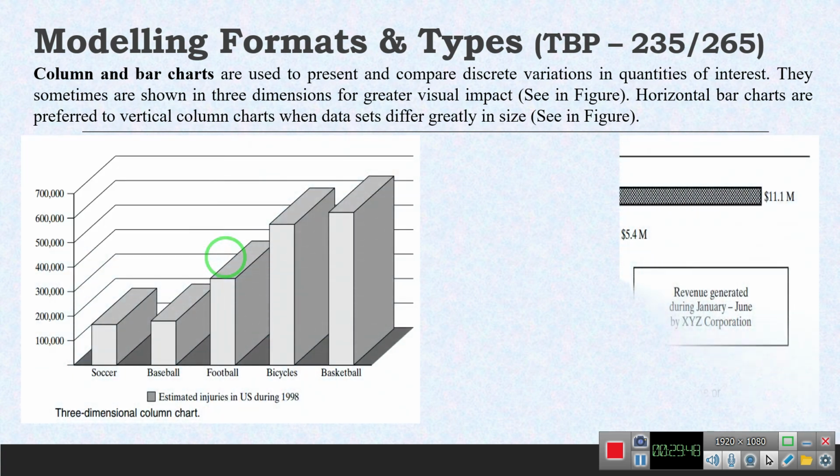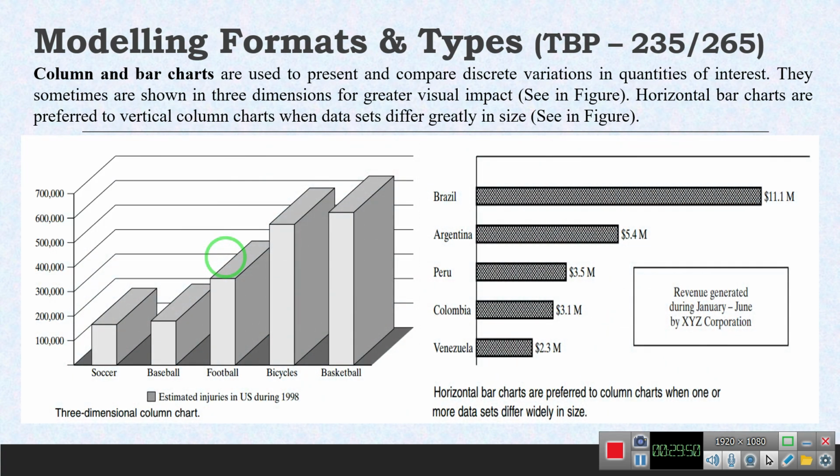See, I'm showing two charts here, column charts and bar charts. Horizontal bar charts are not that effective compared to the three-dimensional column chart, not the two-dimensional. The three-dimensional column charts have more advantages than the horizontal bar charts or column charts.